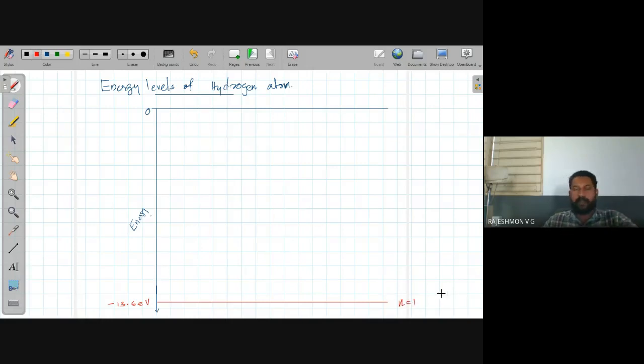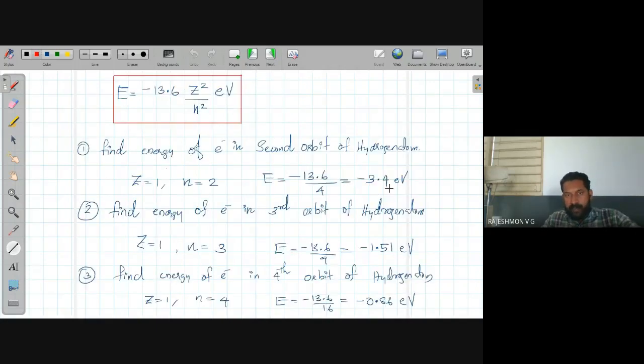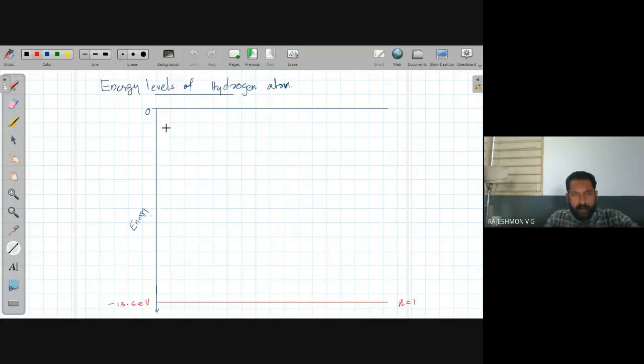Now, if you consider the second energy level or second orbit, we already calculated, it is minus 3.4. Minus 3.4 will be 1, 2, 3, somewhere here. Is it clear?